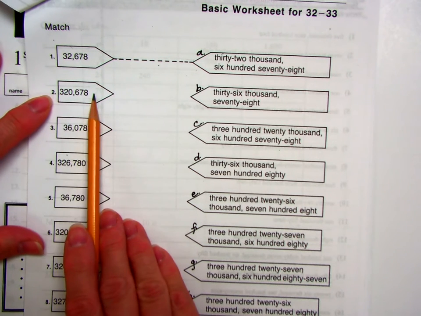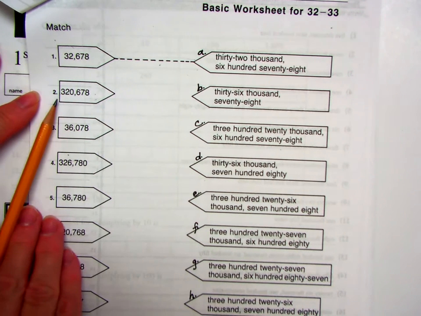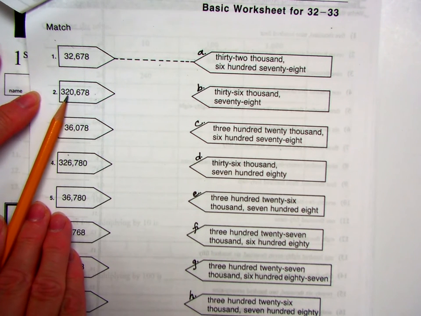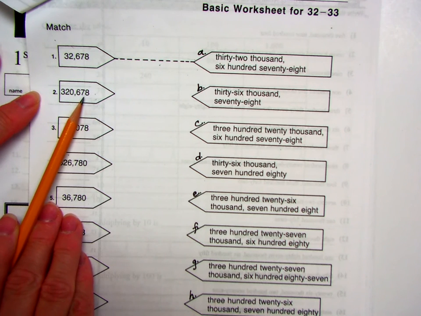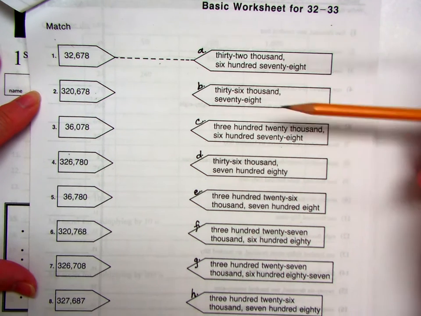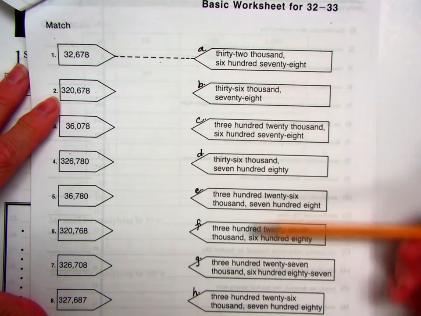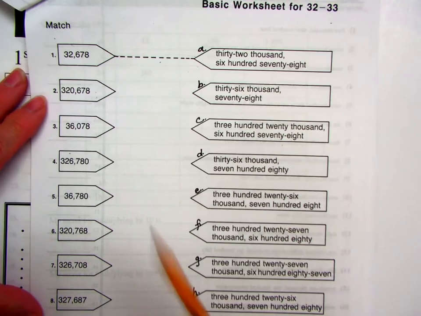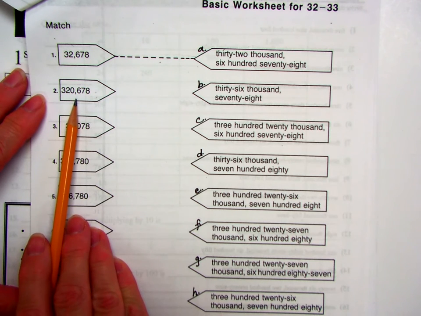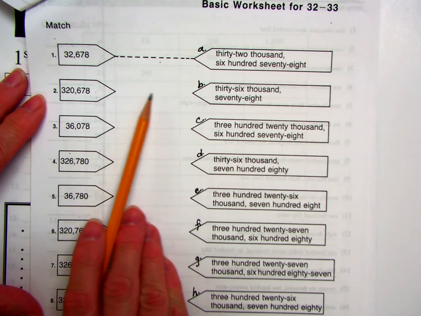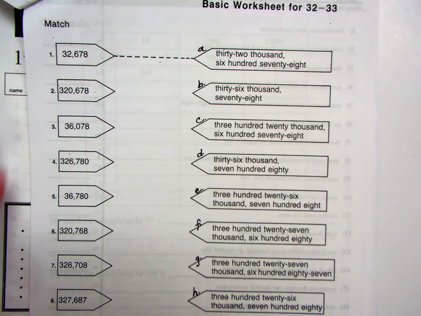You're going to read the number out loud. This number is going to be 320,678. And then you're going to find the box on this side that says this number in word form and draw a line to that correct box.